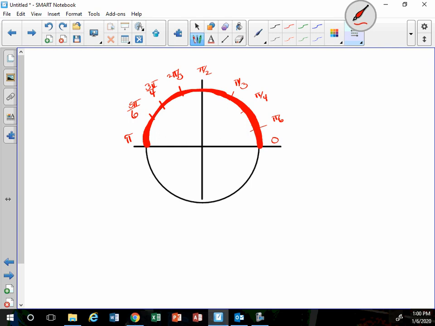For inverse cosine, those are your only answer choices. You're not going to tell me negative pi over 6 this time, okay? You can only give me answers between 0 and pi.